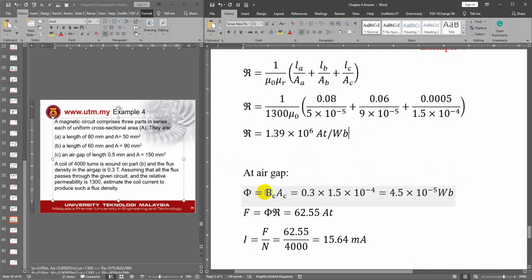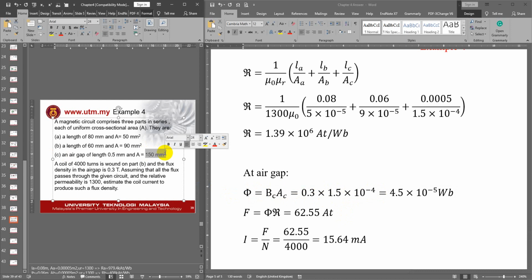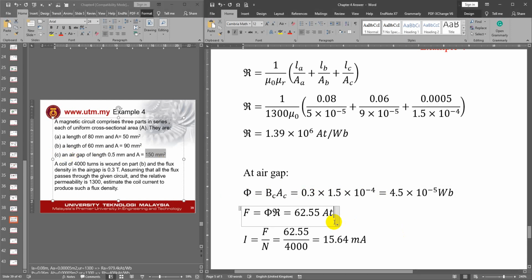So at the air gap, it said that the flux density, B, is 0.3 Tesla. Based on this, you can get the flux, which is BC multiplied by the area of the air gap at C. 0.3 multiplied by 1.5 times 10 to the power of negative 4, which is the area of the gap at C. Then after you get the flux, you can calculate the magnetomotive force.